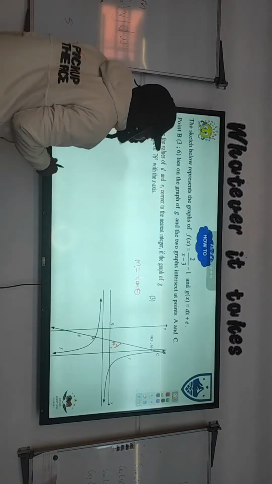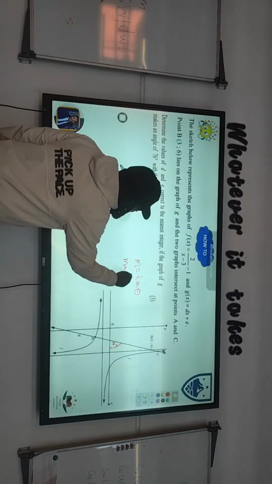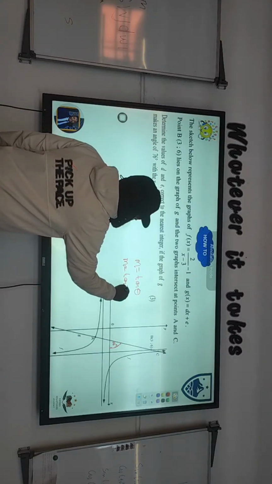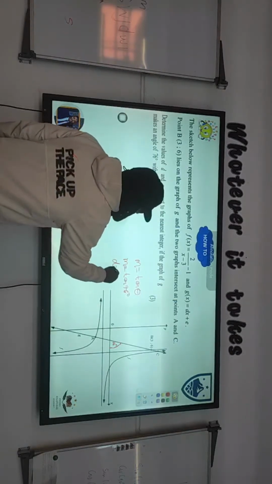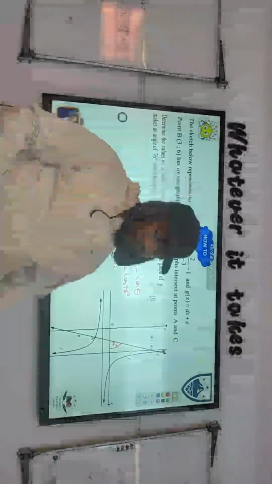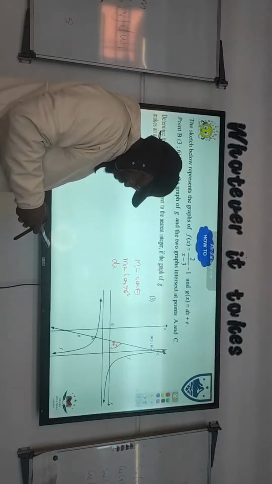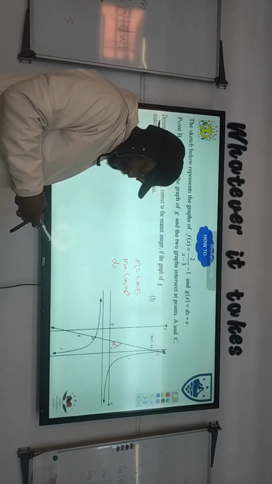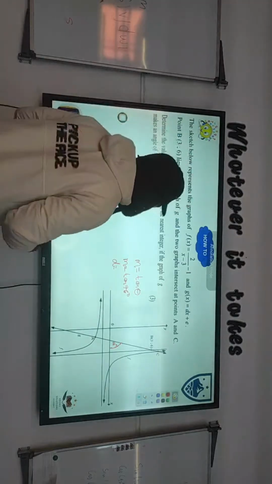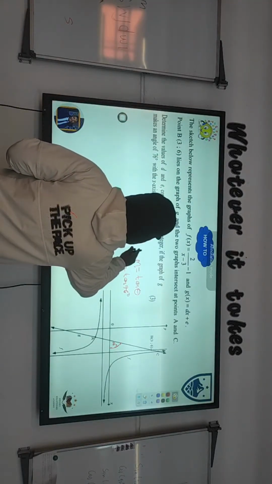So it means that our gradient will be the tan of 76, and our gradient is equal to D. When you press it on a calculator, tan of 76 gives you 2,5.